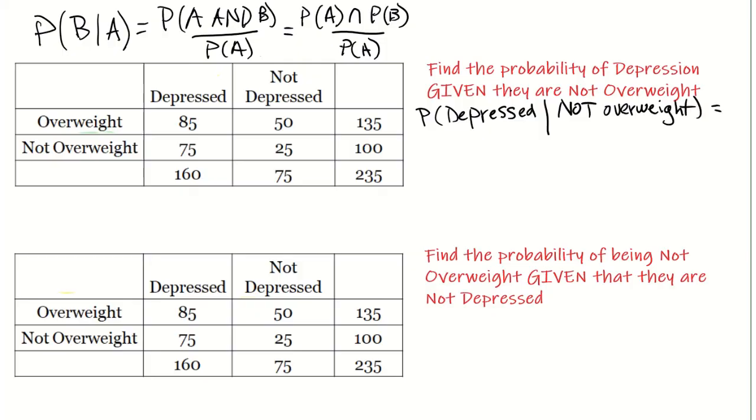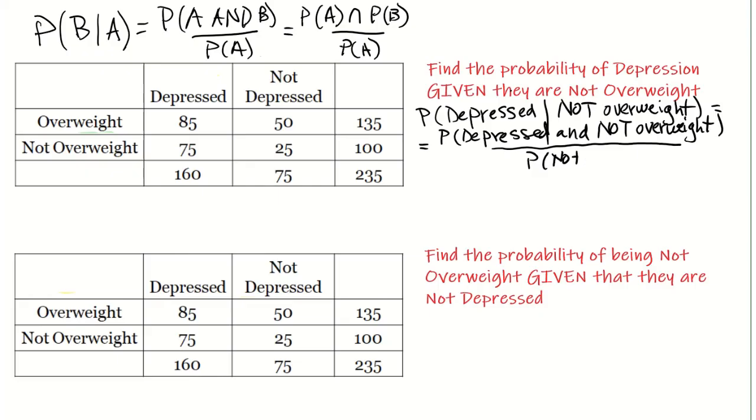So once again, our numerator is going to be the intersection of depressed and not overweight, divided by the probability of not overweight.